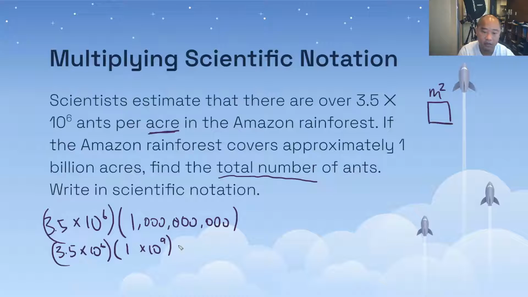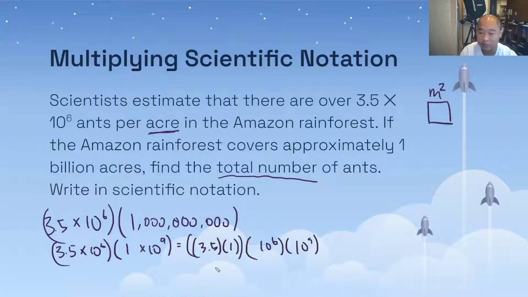And so with the associative and commutative properties of multiplication, we know that we can move these numbers around and we can change the way that they're grouped, right? Because all we're doing here is multiplying. So we can rewrite this as 3.5 times 1 times 10 to the 6th times 10 to the 9th.